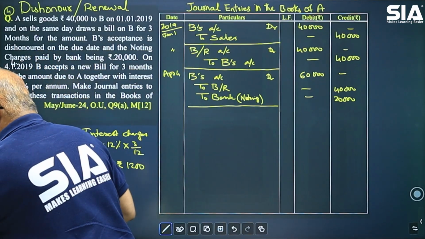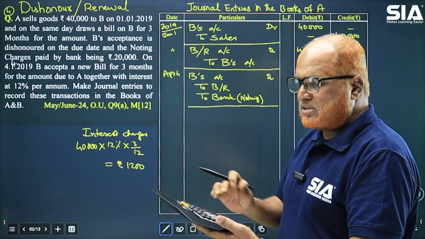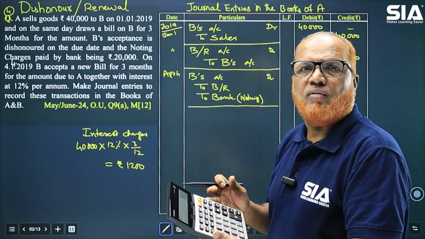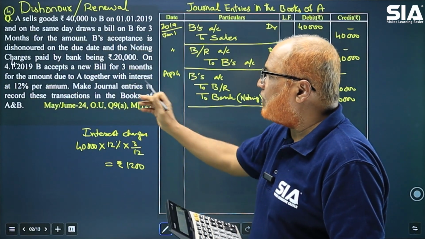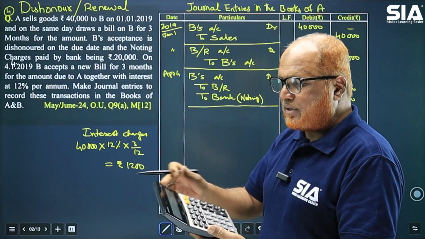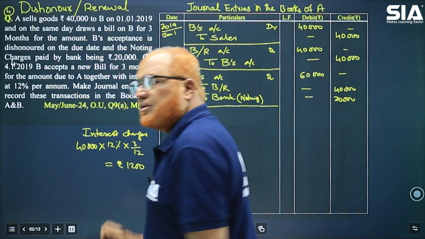So if you make the calculation on your calculator, you can check the amount. 40,000 is the original value of the bill into 12% is the rate of interest for 1 year, but we have to provide only for 3 months, into 3 divided by 12. So it comes to 1200. So 1200 is the interest, right?